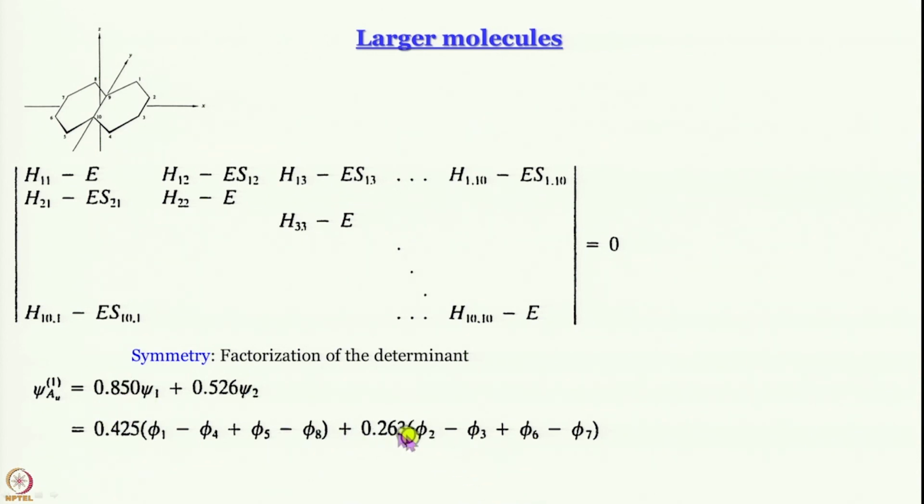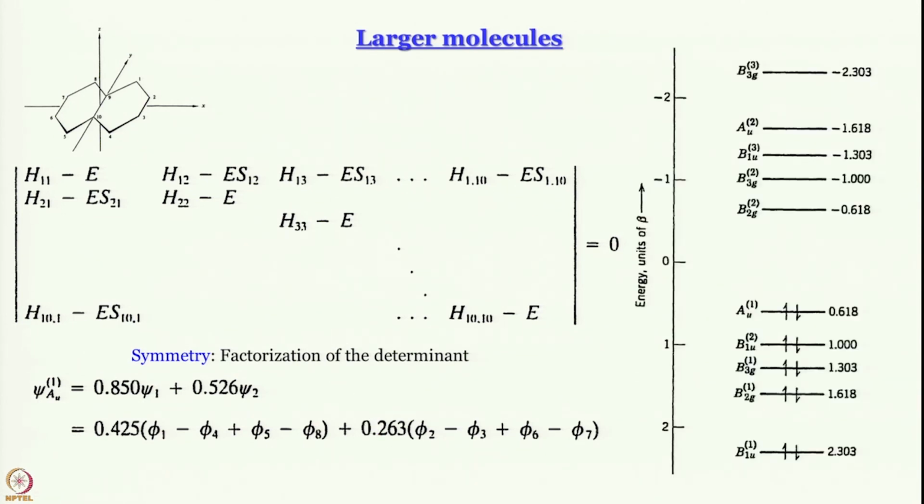You see, this is an expression for one of the molecular orbitals of naphthalene, and one can work out all the energies from this Huckel approximation without having to use a computer, actually, using this symmetry factorization. This is discussed nicely in Cotton's book on chemical applications of group theory, among other books.